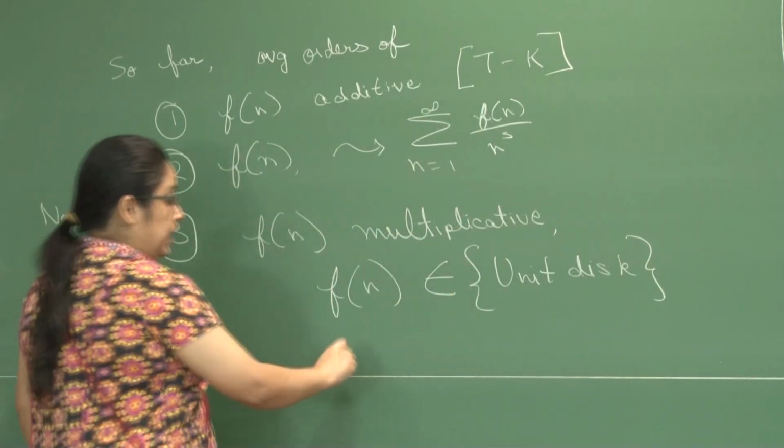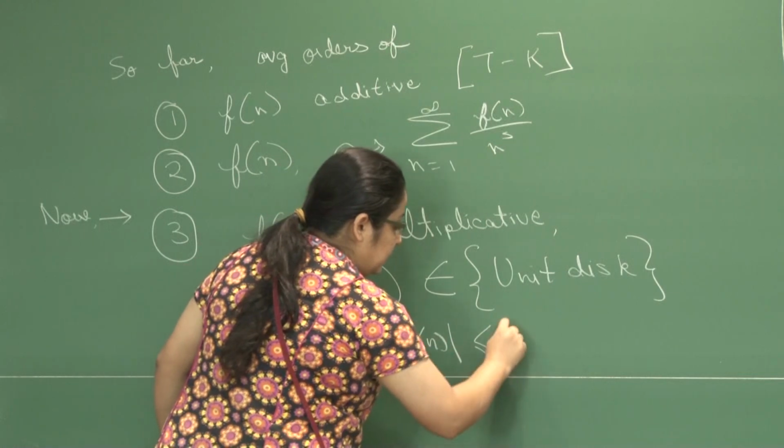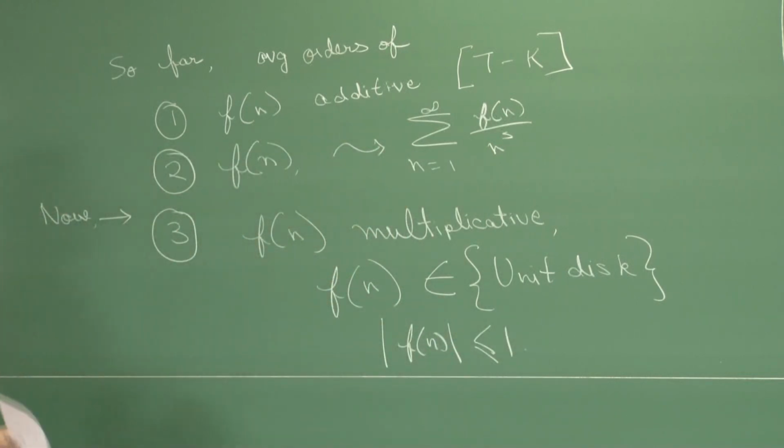That is, your absolute f of n is less than or equal to 1. So these could be complex valued functions, but they lie inside the unit circle.